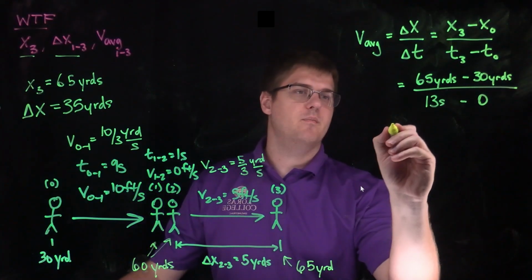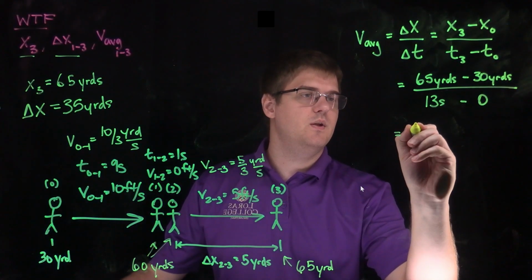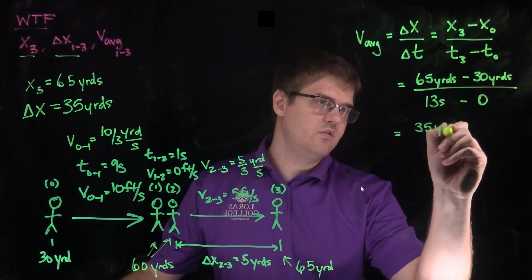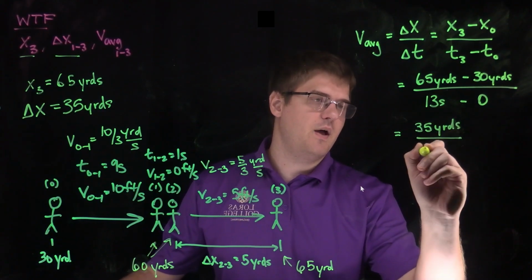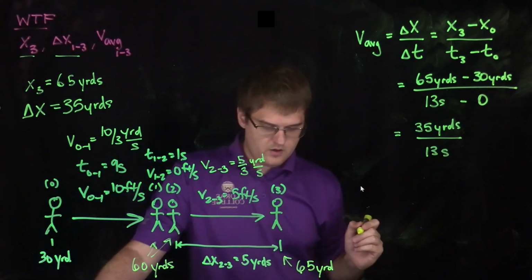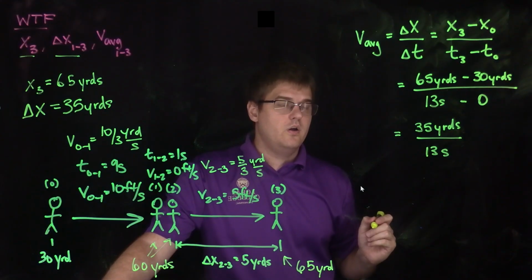So I have my average velocity is going to be 65 minus 30, which is 35 yards, divided by 13 seconds.